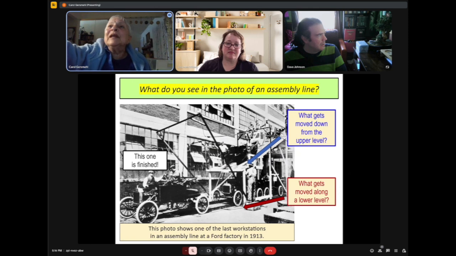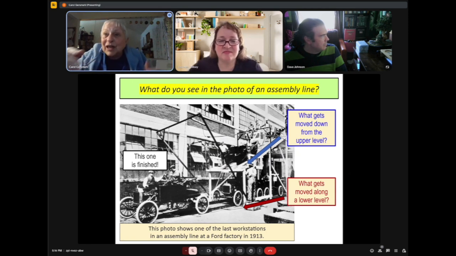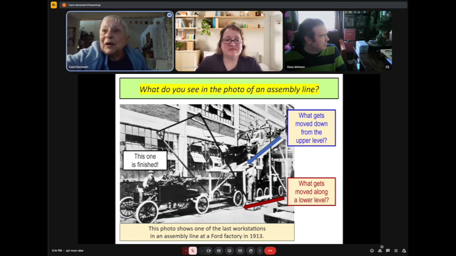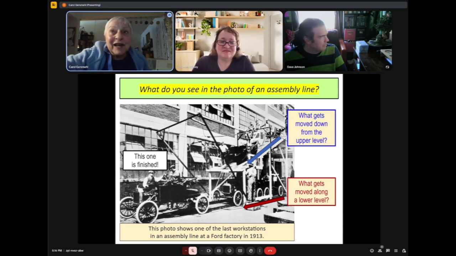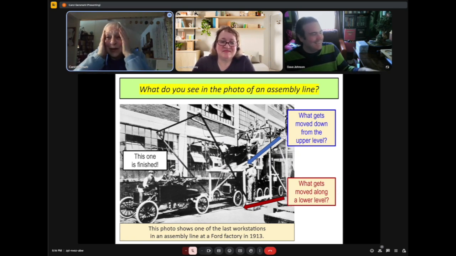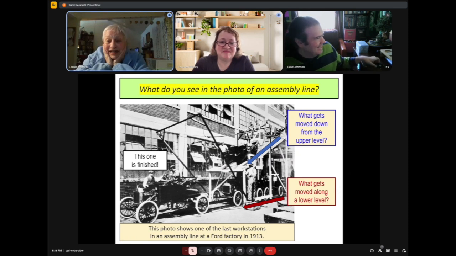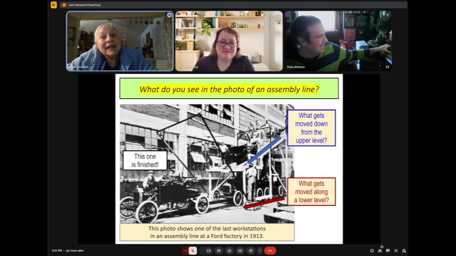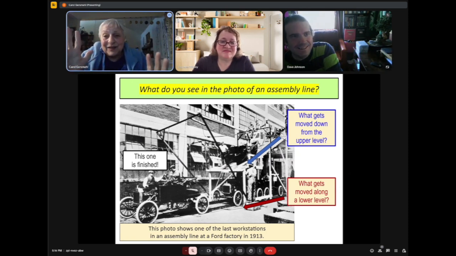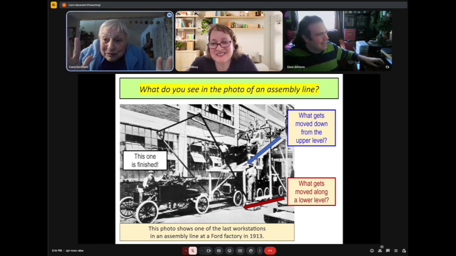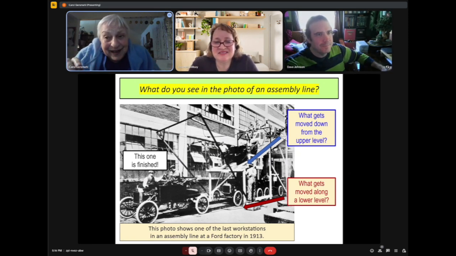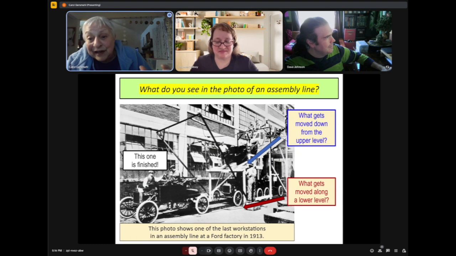But coming down the blue ramp are the seats that are going to get put on the bottom part, which is being rolled along the red arrow. I think, oh, that looks kind of scary. But that's how they figured out how to do their assembly line better over a decade.